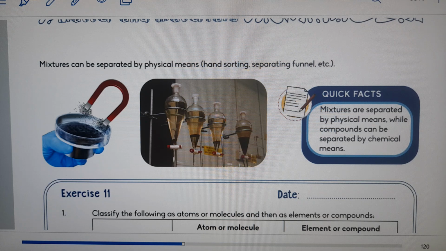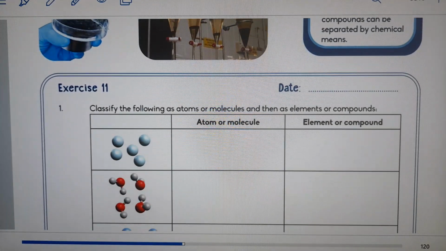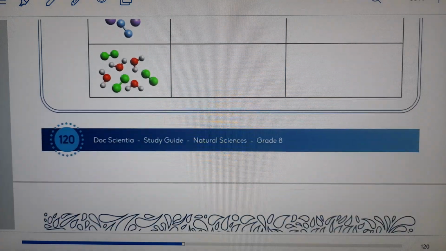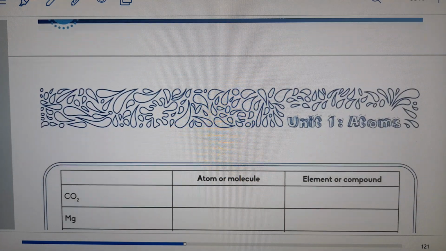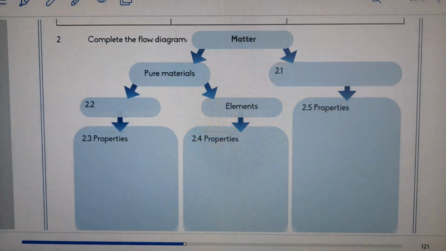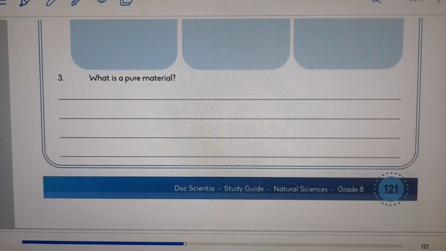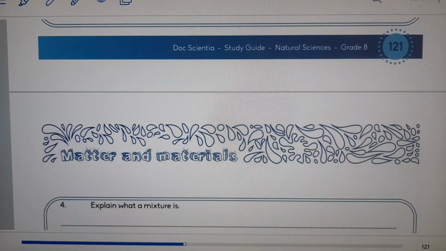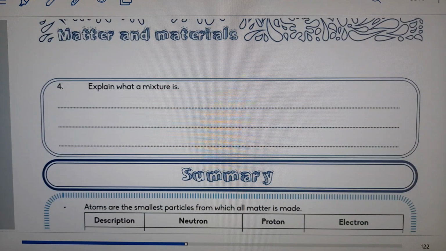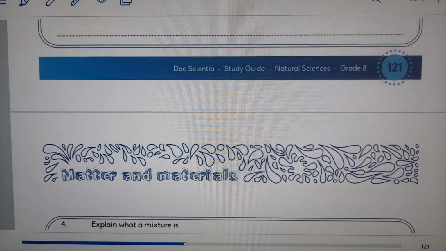Does this bring us to the end of mixtures? Let me see before we start with the exercise. Yes, it brings us to the end of unit number 1.